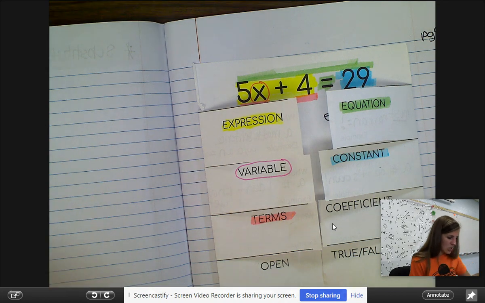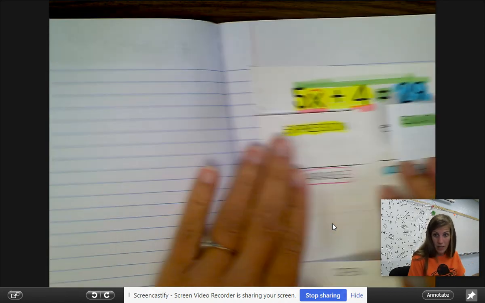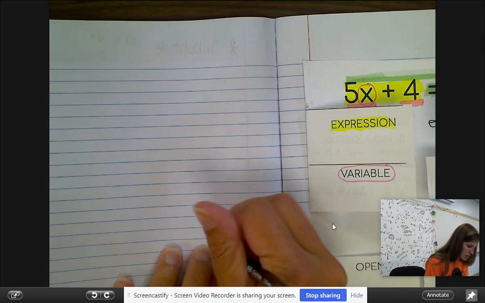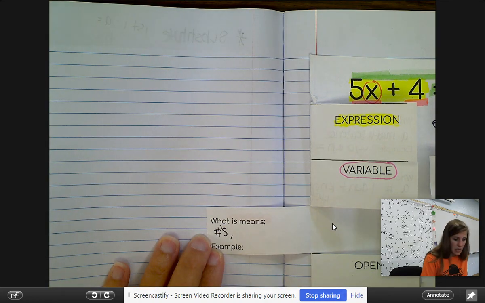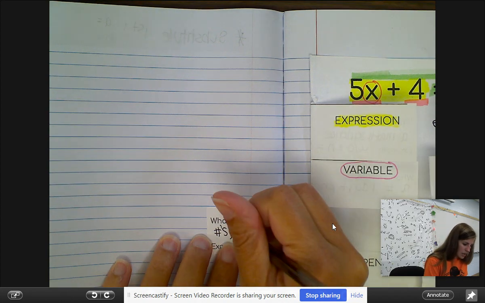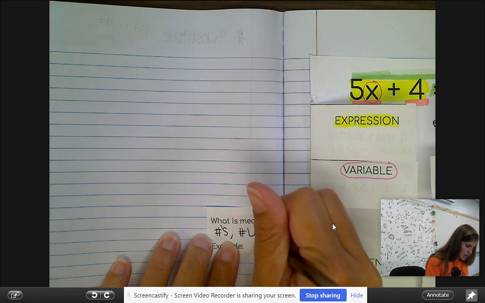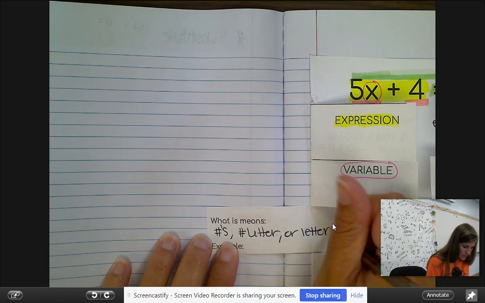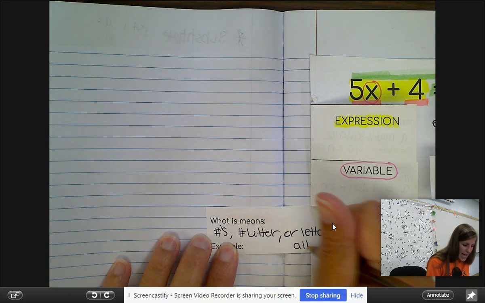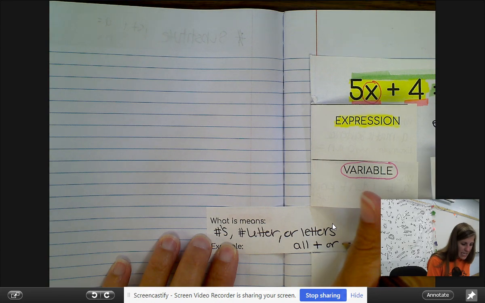And terms are just numbers, or number letters, like this was a number letter, or just a letter on its own, that are all added or subtracted up.